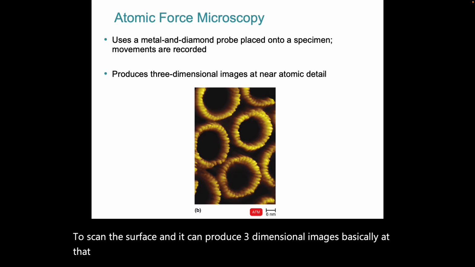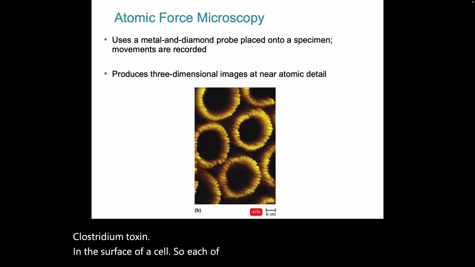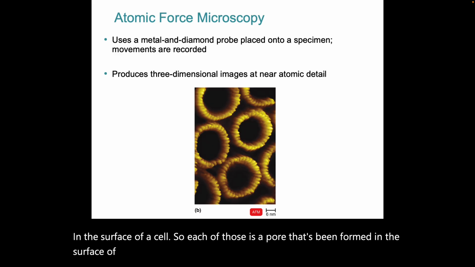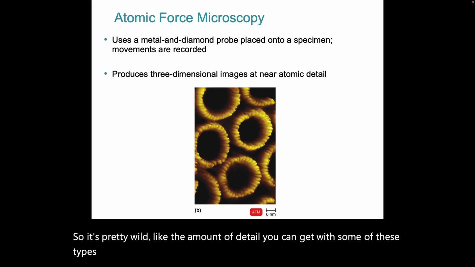So this is an image here of the pores formed by a Clostridium toxin in the surface of a cell. So each of those is a pore that's been formed in the surface of a cell by individual units of a Clostridium toxin. So it's pretty wild, the amount of detail you can get with some of these types of microscopy. And again, this is from the most recent edition of your textbook.